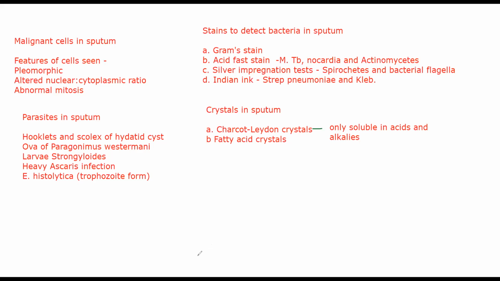You mainly see fatty acid crystals in gangrene, ठीक है, gangrene of lung, or the patient has putrid bronchitis.